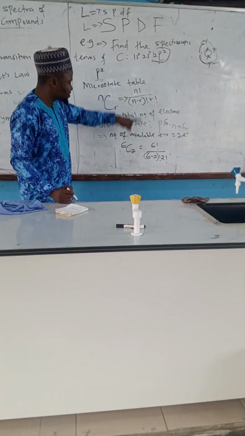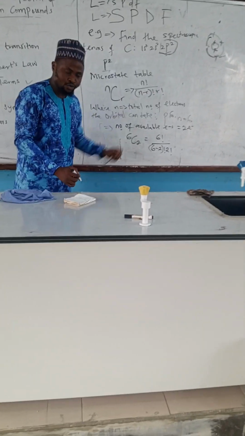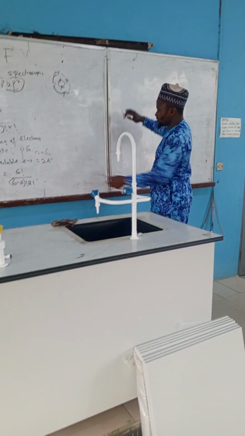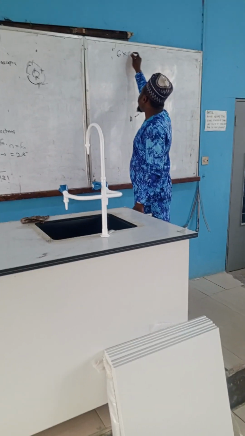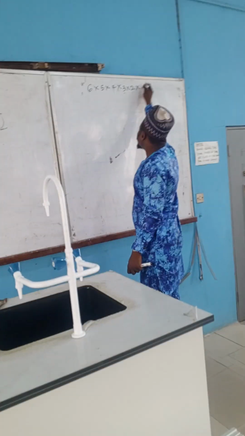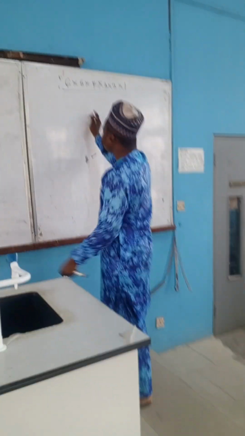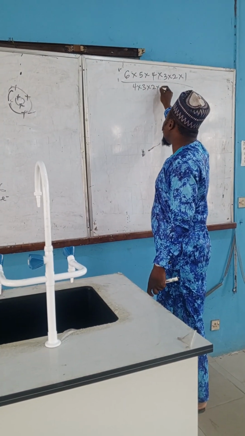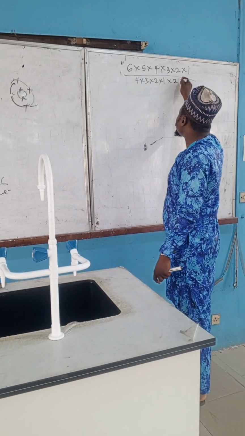Our n is 6, our r is 2. So we have 6 times 5 times 4 times 3 times 2 times 1 all over 4 factorial times 2 times 1.